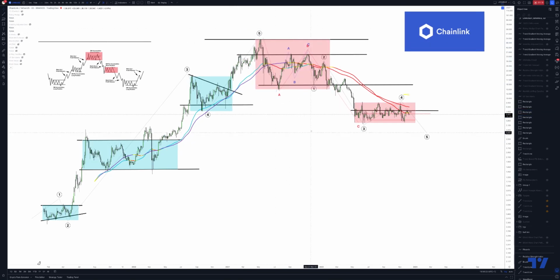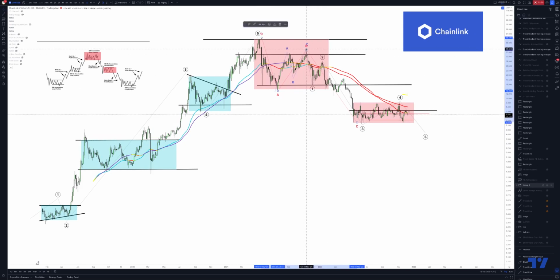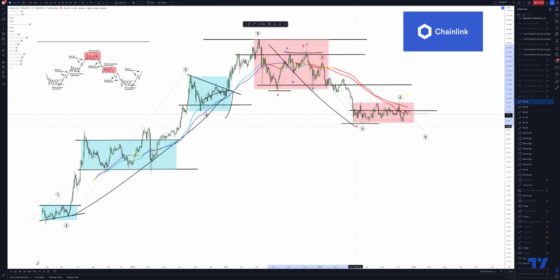And if you look at my ABC count from 0, that's our A, that's our B level, and that's our C from a correction wave. So if this is our bull run, this is our correction wave, and then we're going to have another upward momentum. The question is, where is the bottom? So that's what we're going to look at.